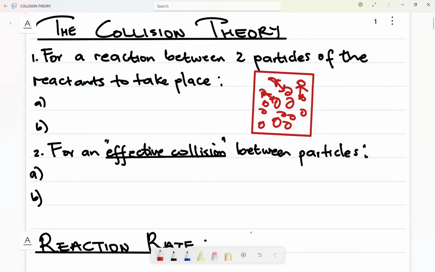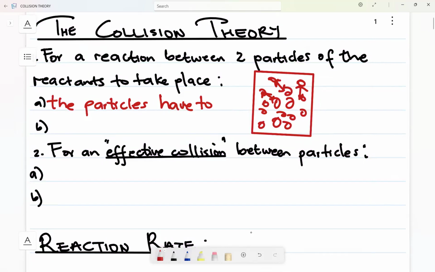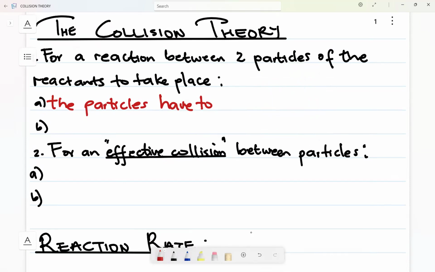So as number one states, for a reaction between two particles of the reactants to take place, the particles have to collide. That's the first one.